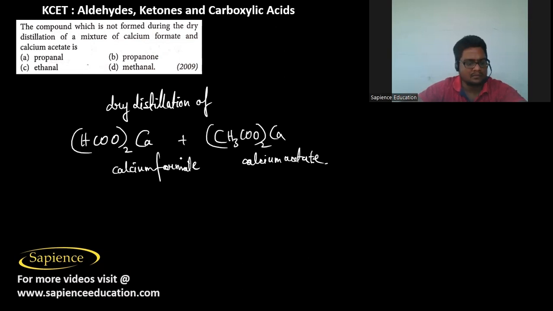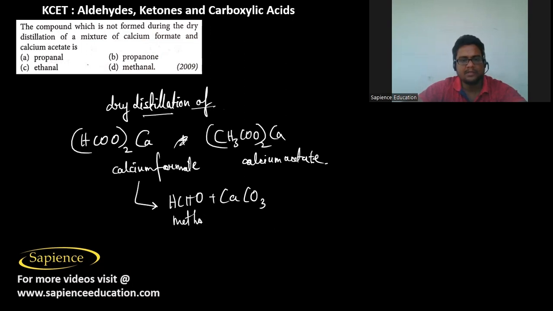So when there is the dry distillation of calcium formate, then it will form HCHO and calcium carbonate, CaCO3. So it will form methanol or formaldehyde.